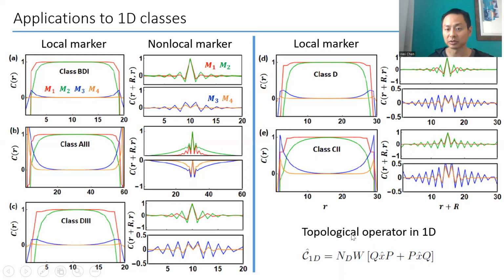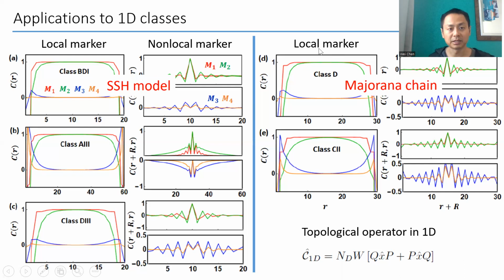Also, the topological operator in 1D takes this explicit form. Again, you have gamma matrices all multiplied together, and you start with a Q. You also only have one position operator because you are in 1D. So it just alternates, with QXP, and the other one starts with PXQ.